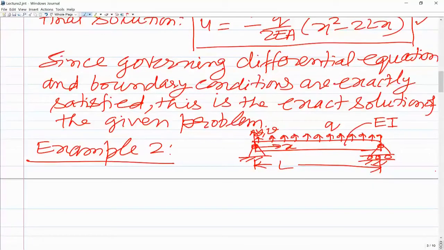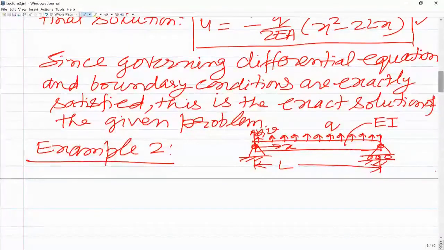For the time being, let us say that we know the differential equation. I'm not deriving the differential equation for this case. At some point we will derive that when I discuss finite elements. But for the time being, we want to apply the method of weighted residuals, an approximate analytical solution method, to solve this problem, so I'm going to assume that we know the differential equation.